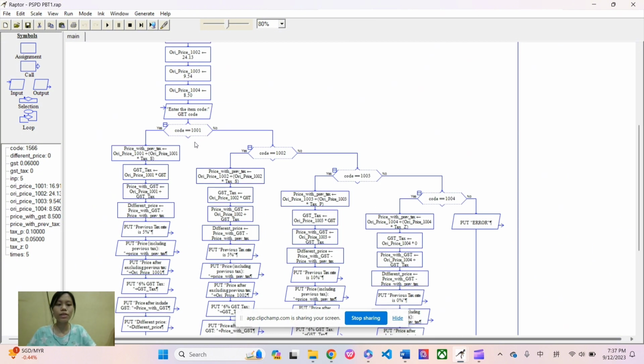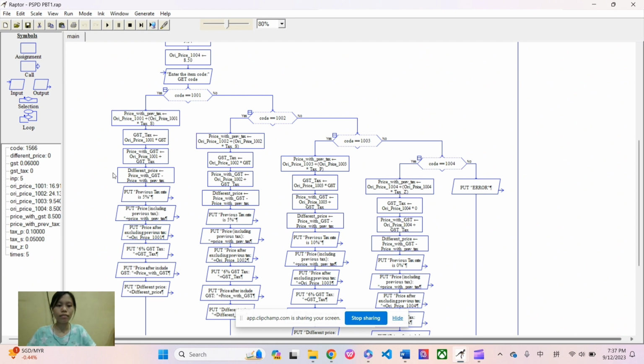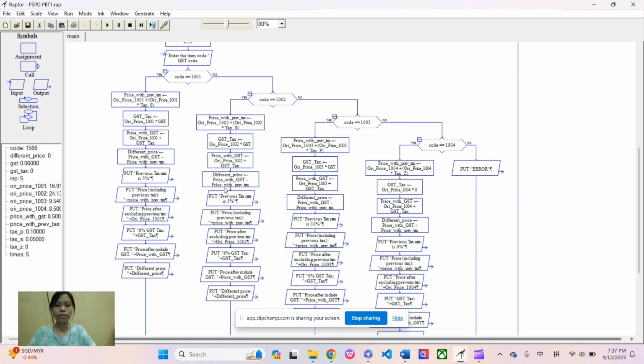If I enter 1001, there are 4 calculations of the price and 6 outputs to show all the prices including or excluding any tax. If I enter 1002, there are 4 calculations also and 6 outputs.